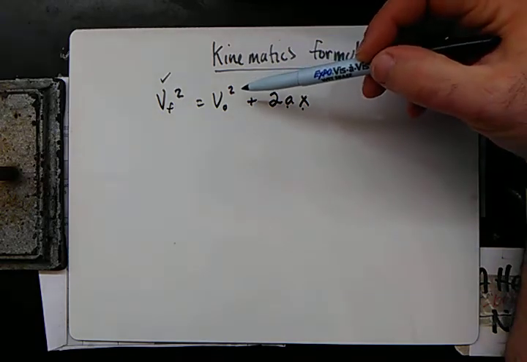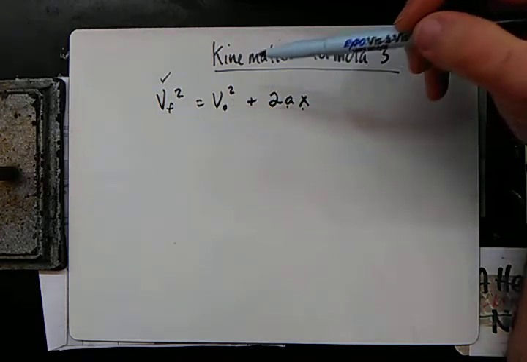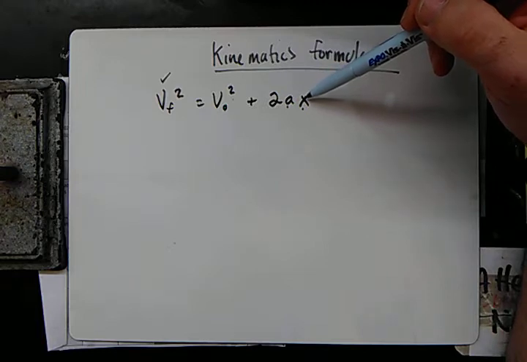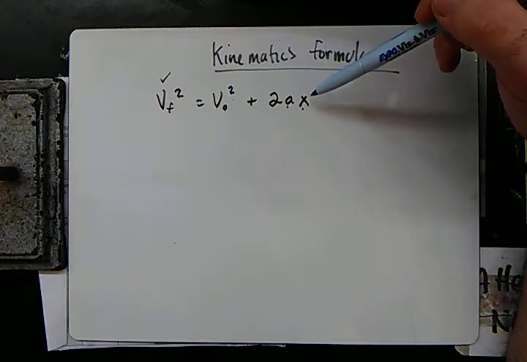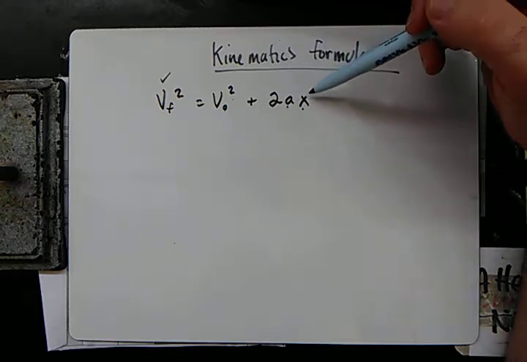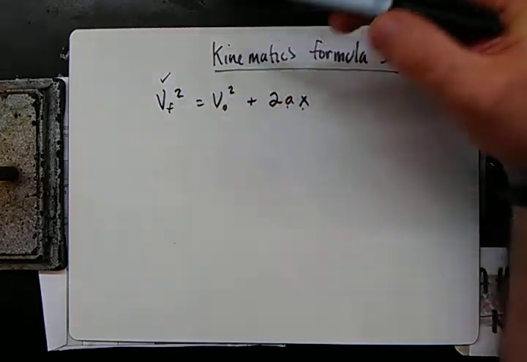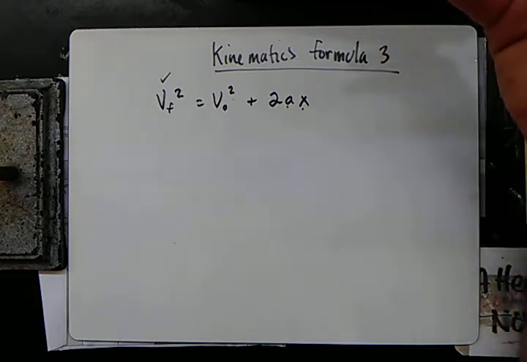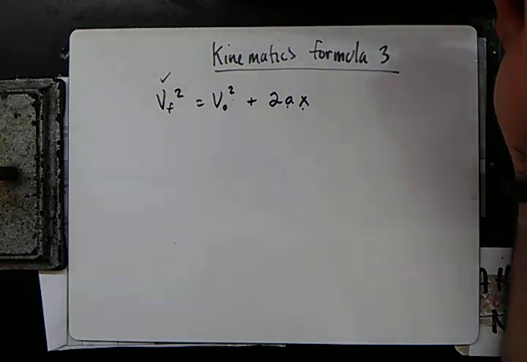If it starts at 0 and it accelerates at 45 meters a second squared for, let's say, 5,000 meters, what is the velocity of this thing? I might also call it, what's the final speed?